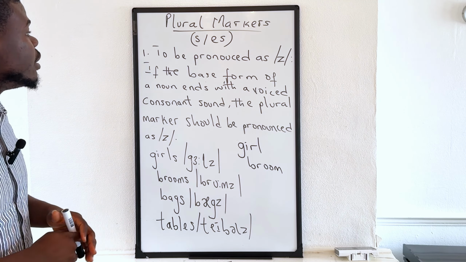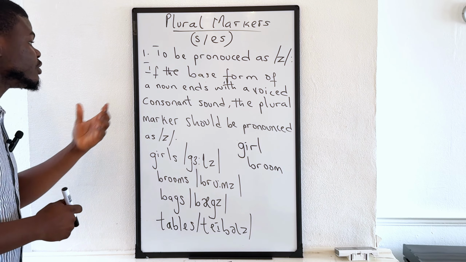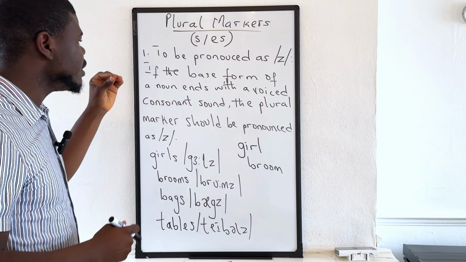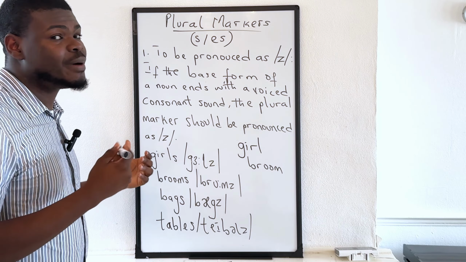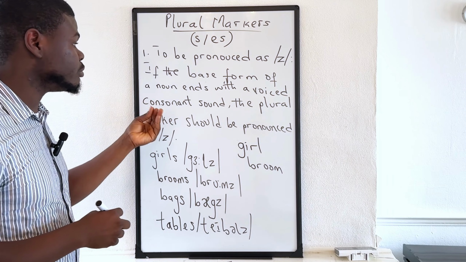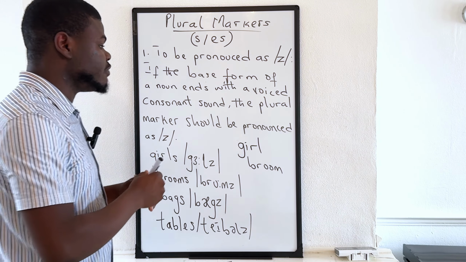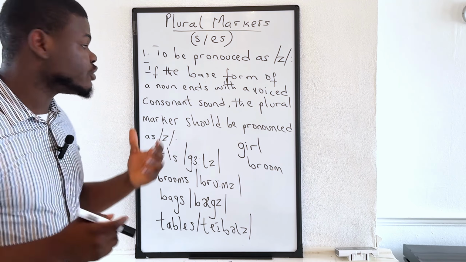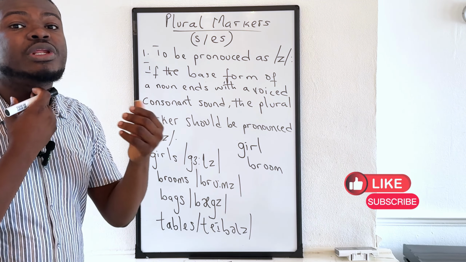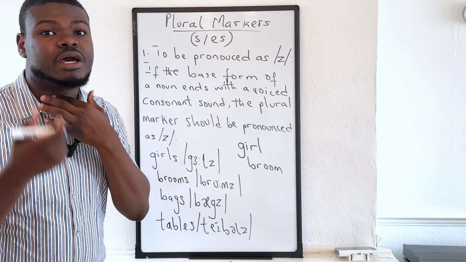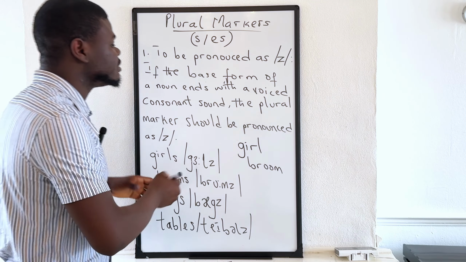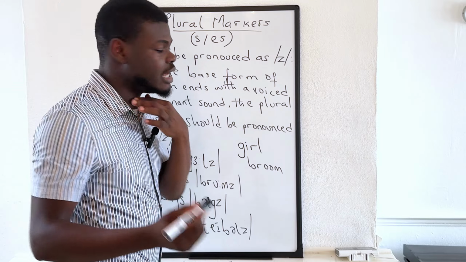If the base form of a noun ends with a voiced consonant sound, now what are voiced consonant sounds? If you check my video where I talked about past tense markers, you would see I've talked about voiced consonant sounds. However, I would still mention that. Voiced consonant sounds are those sounds that when you pronounce them, you actually feel a bit of a vibration in your windpipe, yeah, in your throat.